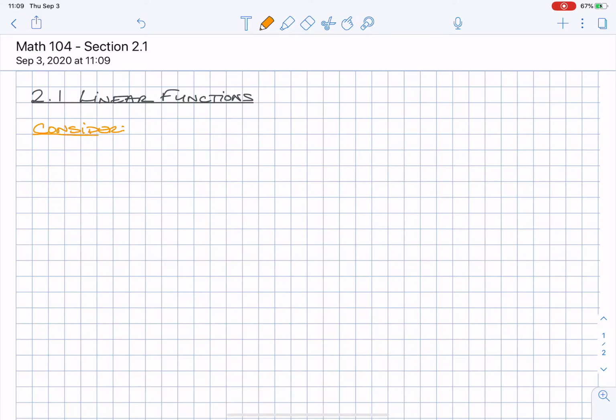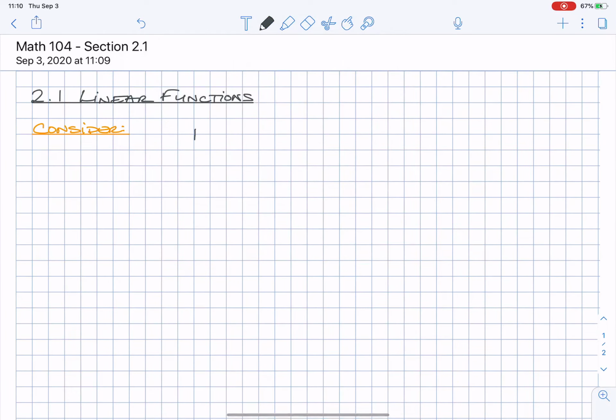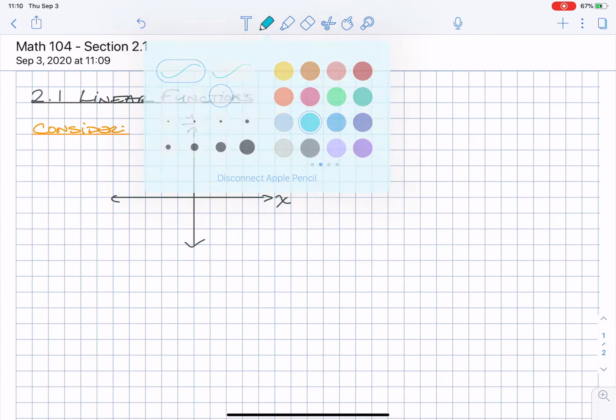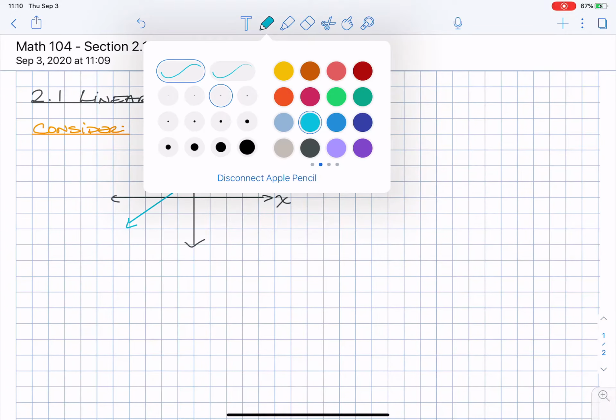So I'm going to plot a line, x and y coordinate axes. And if I plot a line, f of x, like so, f of x being a linear function, then we have a few things going on.